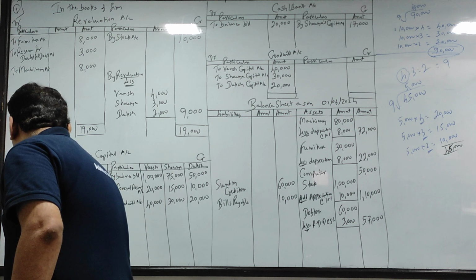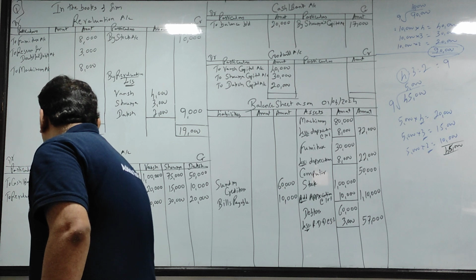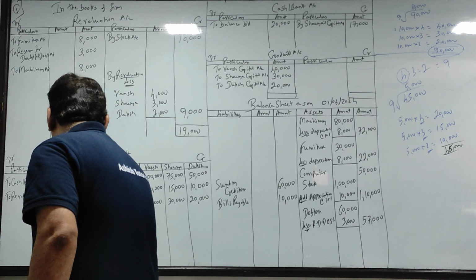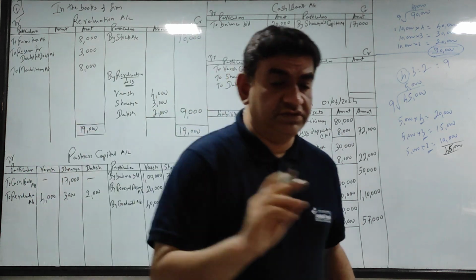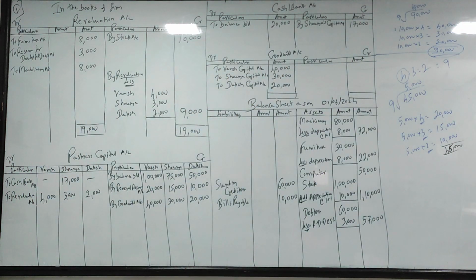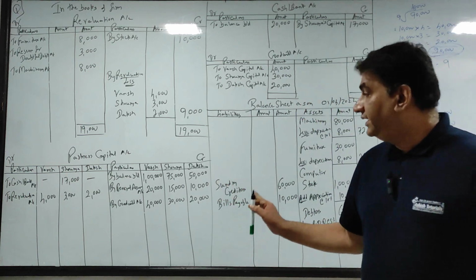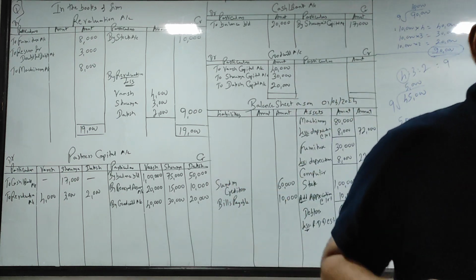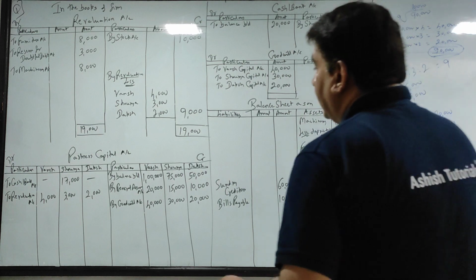To revaluation account, 4000, 3000 and 2000. Okay, 4 3 and 2.